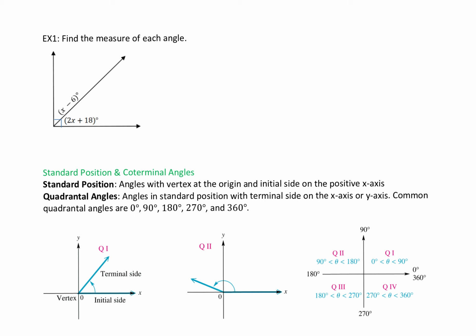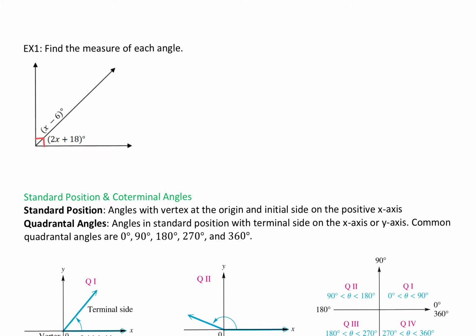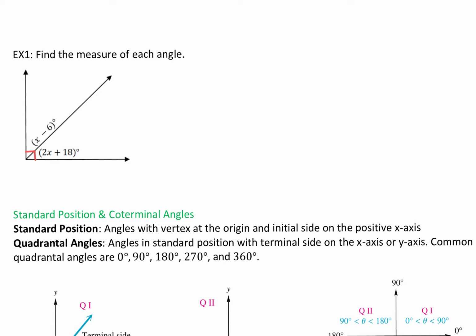In example 1, we're going to find the measure of each angle. Don't go by the drawing, go by the numbers. Now I see that this is a right angle, so I know that these are going to be complementary angles. Since they're complementary, if I take the two angles and add them up, I should get 90 degrees.